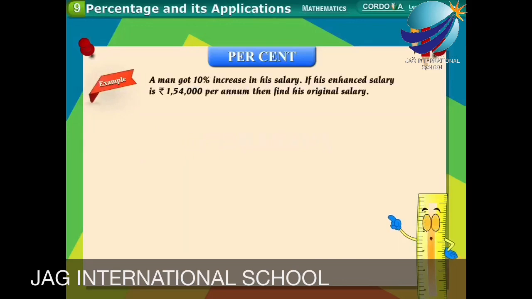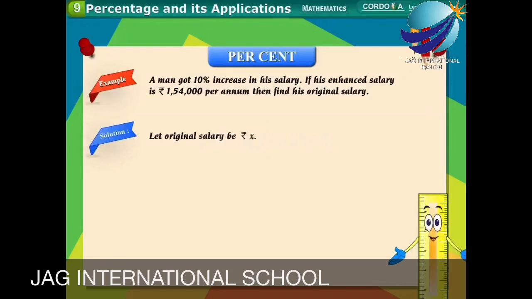Example. A man got 10% increase in his salary. If his enhanced salary is rupees 1,54,000 per annum, then find his original salary. Solution. Let original salary be rupees x.